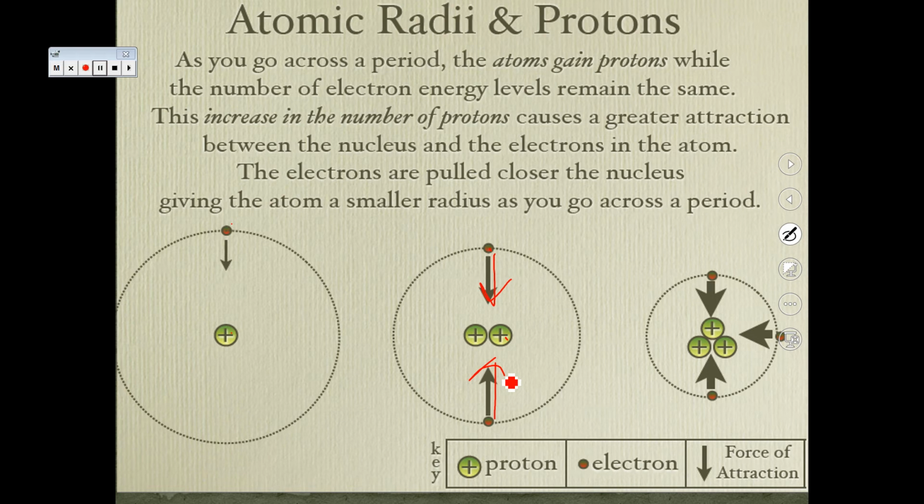If you add another proton, so now you have one more proton and one more electron, because there is such a great attraction between 3 positives and 3 negatives, the atomic radius is going to be pulled closer together and thus decrease. So as you go across a period, the atomic radii is going to get smaller because you are adding more protons and electrons, and the electrostatic force, which is the positive-negative force, is going to get stronger.